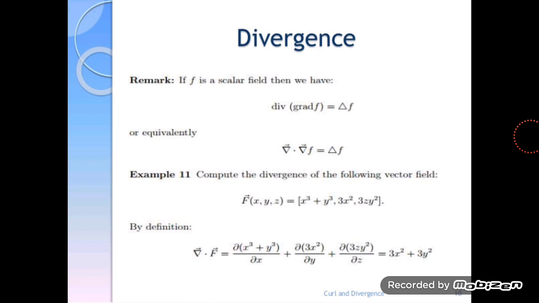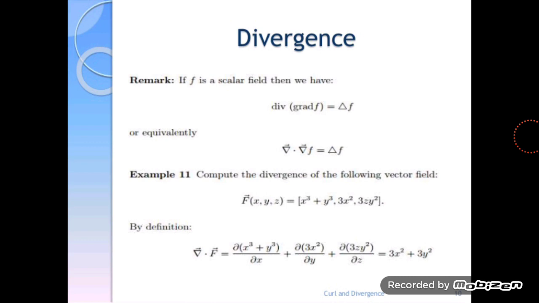By definition, as we know, divergence of f is equal to del by del x of f1 plus del by del y of f2 plus del by del z of f3. By putting these values, we have del by del x of x cube plus y cube, del by del y of 3x square, plus del by del z of 3zy square.